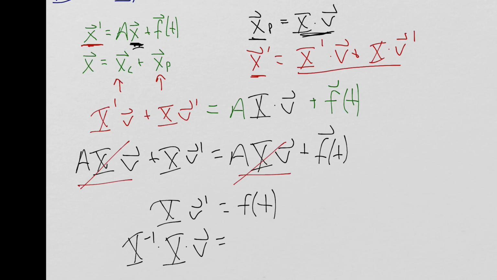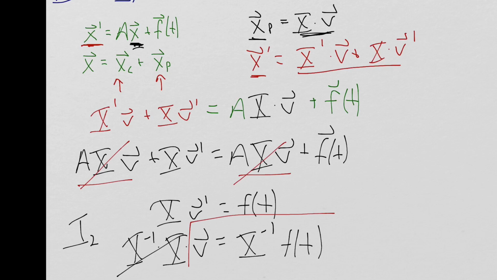If I do it on the left side, I got to multiply here, f of t. And those guys cancel. They give me the identity matrix, identity 2 by 2, which multiplied by anything is just going to give it back. So I'm just left with the v. So I get this line right here, that v is equal to x inverse times f of t.